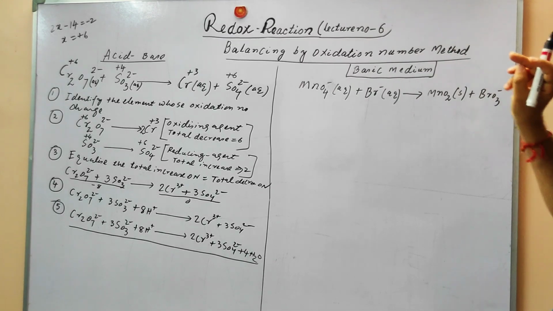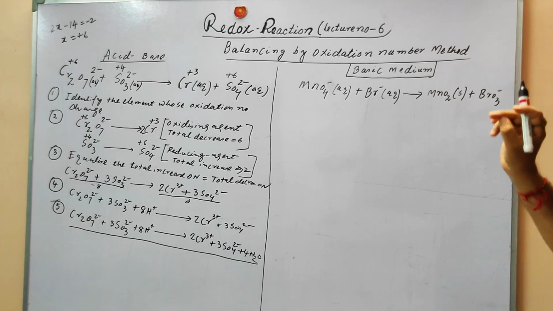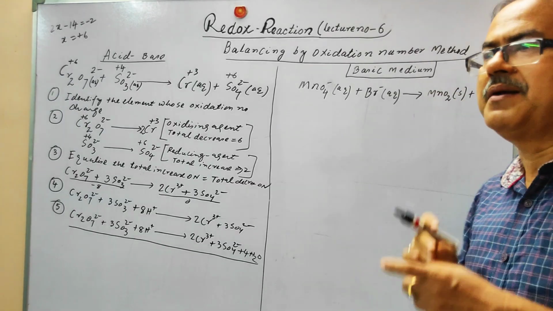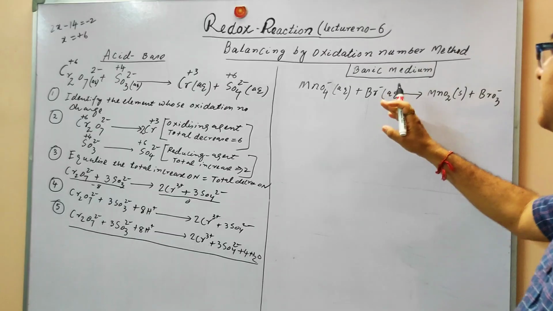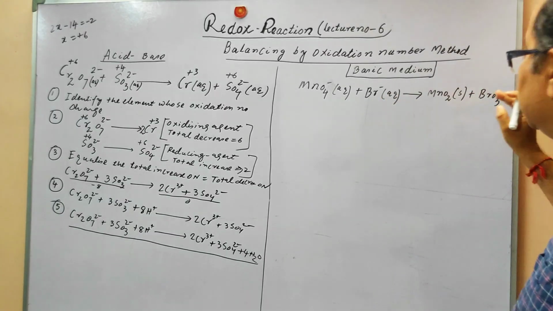So this is the chemical equation for this redox reaction, where the permanganate ion oxidizes bromide into bromate.